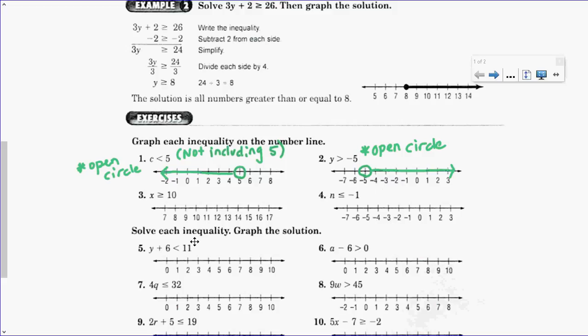Okay, now we're going to switch to the ones that are greater than or equal to. So this one includes 10. And for number 4, it's going to include -1. To show that we're including 10, we're actually going to fill in the circle.